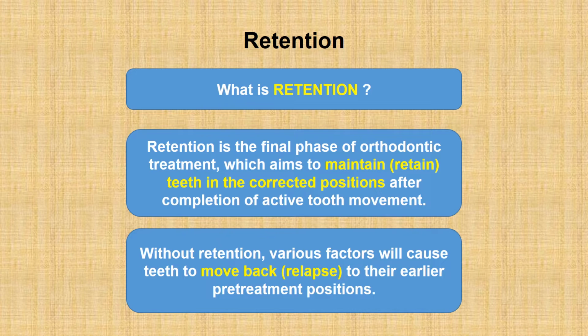Retention is the final phase of orthodontic treatment which aims to maintain or retain the teeth in their corrected positions after completion of active tooth movement. Without retention, various factors will cause the teeth to move back, or relapse, to their earlier pre-treatment positions.